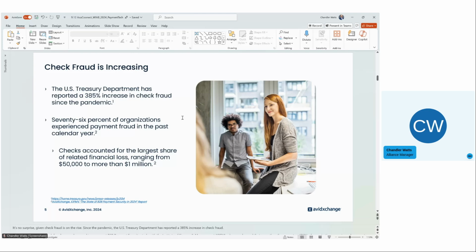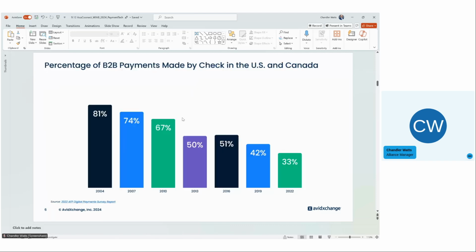So again, 76% of organizations experienced payment fraud in just the past year, and checks accounted for the largest share of related financial loss, ranging from $50,000 to over $1 million. So, a quick chart on the percentage of B2B payments that are made by check today.